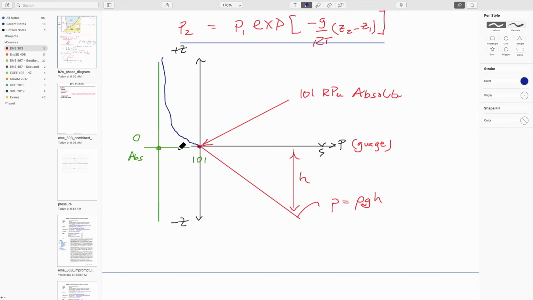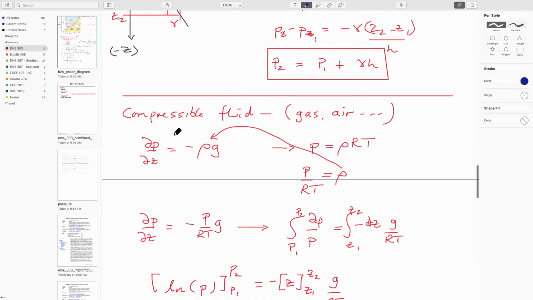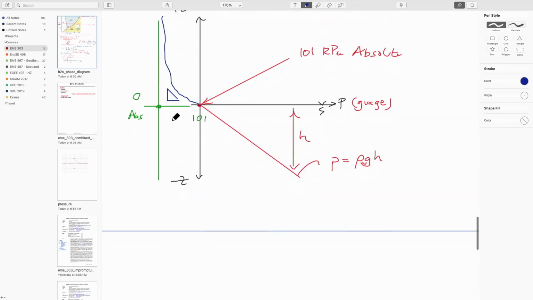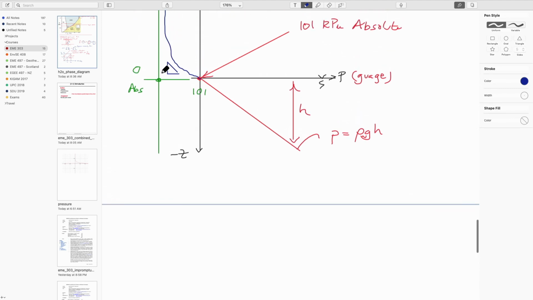And so if you look at the gradients, the slopes of these portions, we said already that the slope of this line, which happened to be linear, is equivalent to 1 over unit height, and this is the unit weight. So at great depths, this will be 1 over unit weight.